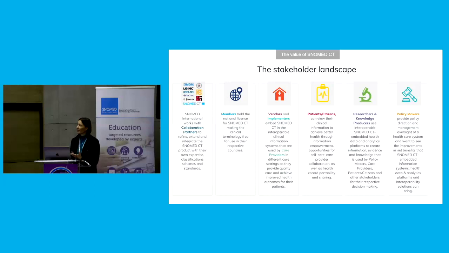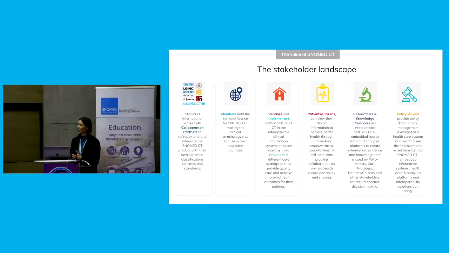Then we've got the vendors and implementers of SNOMED CT using that in their systems, and then the care providers using that in different care settings to provide quality care to patients. And also the patients, because if this information is in their records, it gives them a self-care ability to know what's happening with their care and to be able to share it with their different care providers.